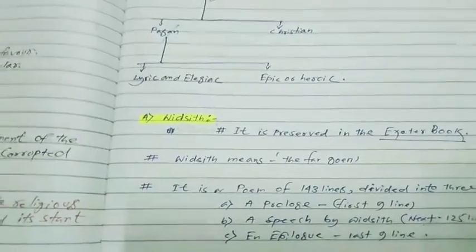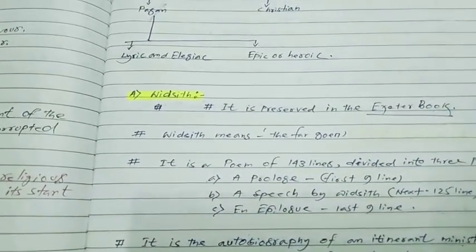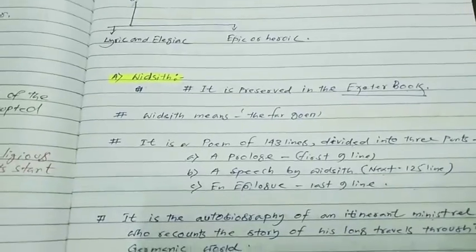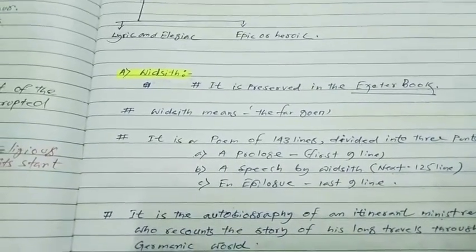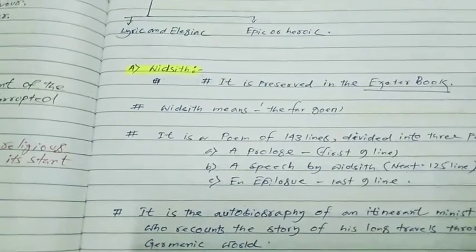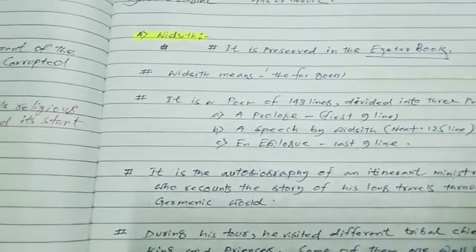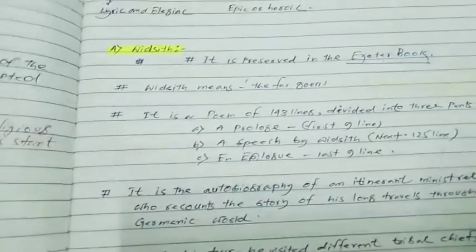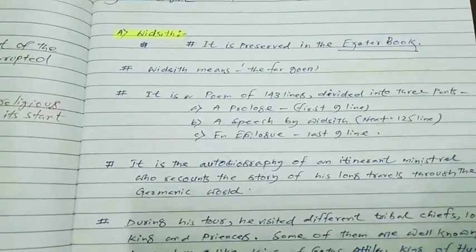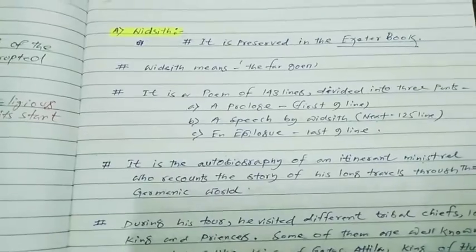The first is the prologue, the first 9 lines, and the second is the speech by Widsith, the next 125 lines, and the last portion is the epilogue, the last 9 lines. So it is the autobiography of an itinerant minstrel who recounts the story of his long travels through the Germanic world.